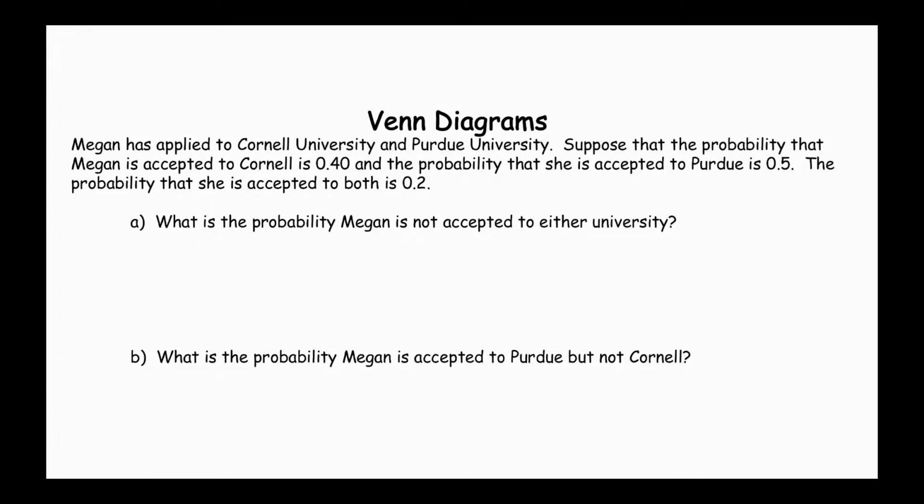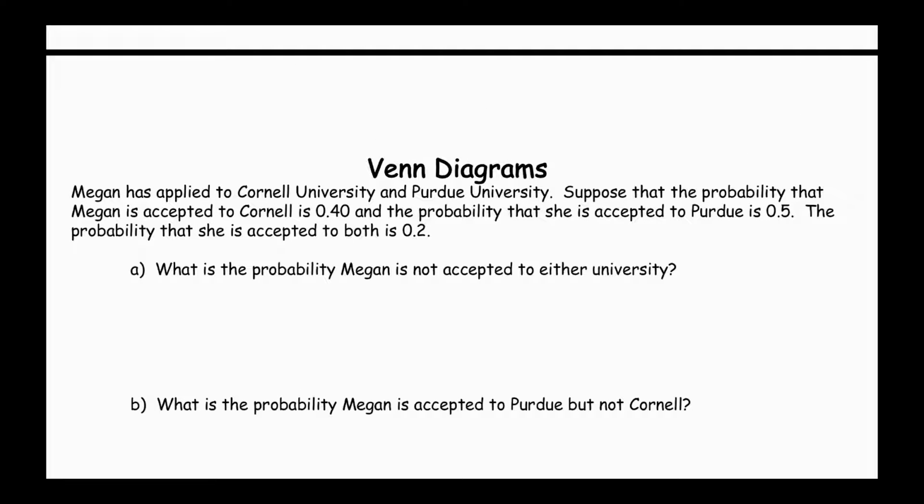So to do a Venn diagram, we're going to make two circles. This Venn diagram has two circles at least. Sometimes it'll be three.